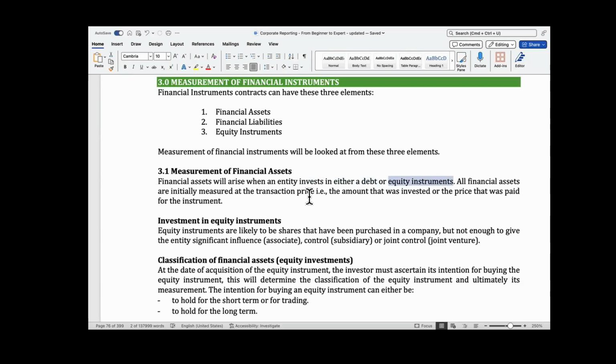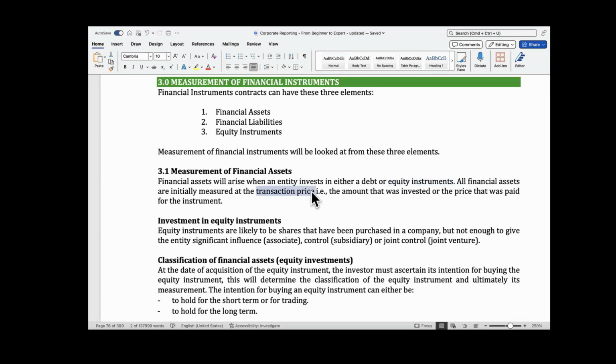Generally, to measure any category of financial assets, whether you bought shares or invested in government debts, as long as it's either a debt instrument or an equity instrument, you measure it at transaction price.